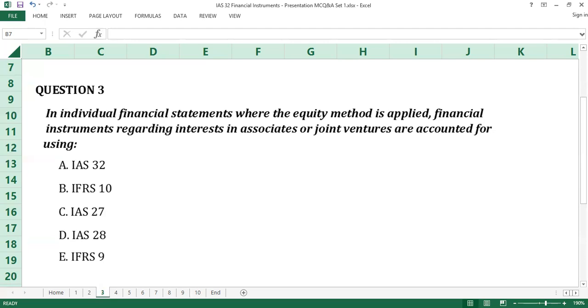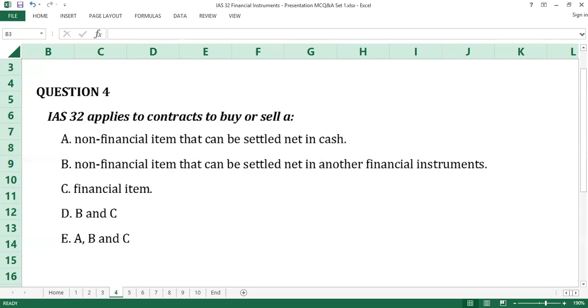IAS 32 does not apply to financial instruments as interest in subsidiaries, associates, or joint ventures that are accounted for in line with IFRS 10 Consolidated Financial Statements, IAS 27 Separate Financial Statements, or IAS 28 Investments in Associates and Joint Ventures. D is the answer to question number 3.